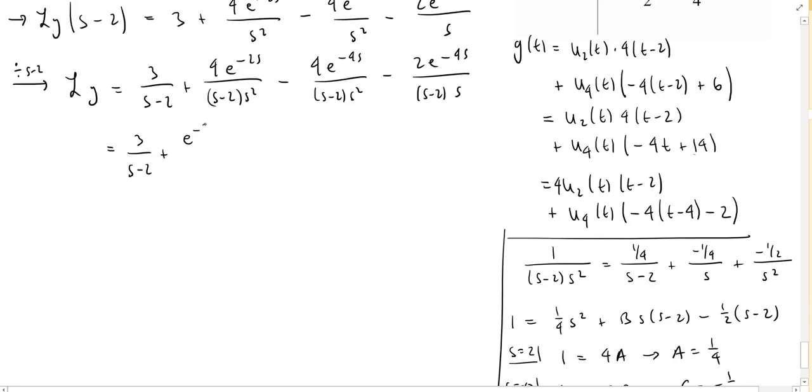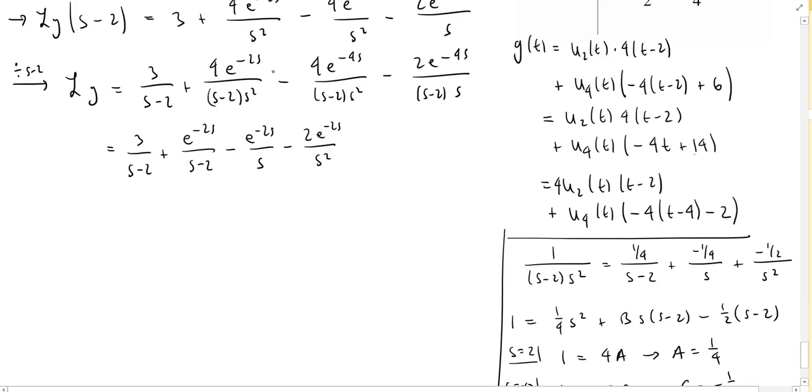So e to the negative 2s over s minus 2. And then the second one, negative a fourth times 4, so we'll get a minus e to the negative 2s over s. And now this next one, 4 times negative a half is minus 2. So we'll have minus 2 e to the minus 2s over s squared.